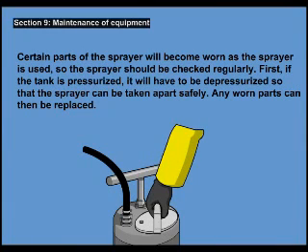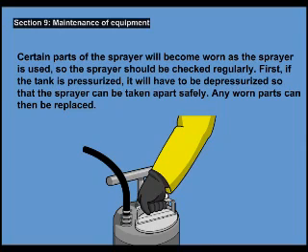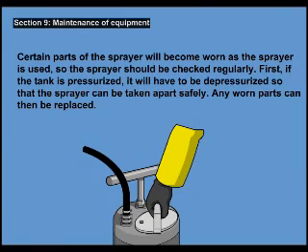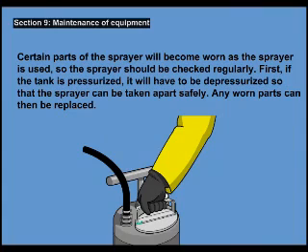Certain parts of the sprayer will become worn as the sprayer is used, so the sprayer should be checked regularly. First, if the tank is pressurized, it will have to be depressurized so that the sprayer can be taken apart safely.